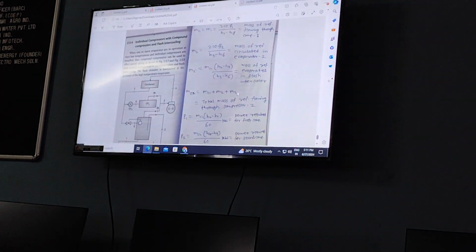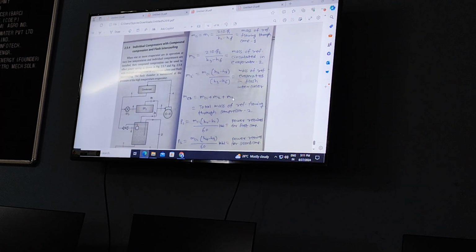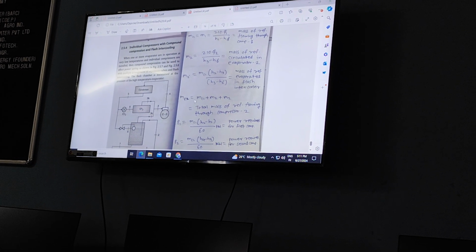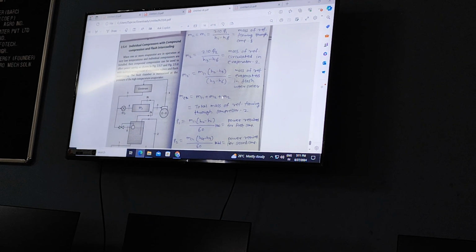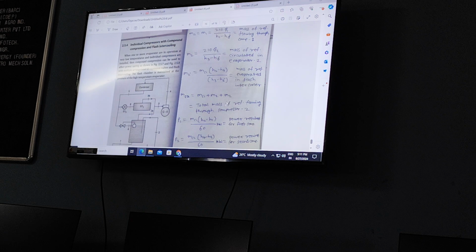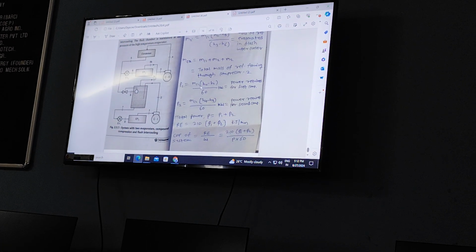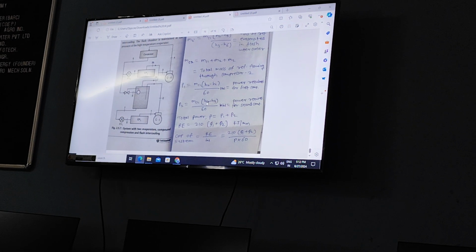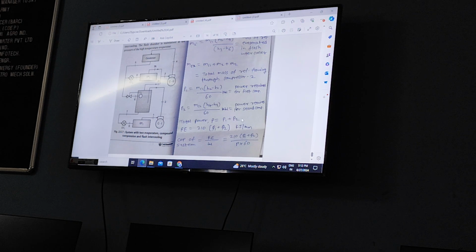That is for compressor 2: output of compressor 1, output of evaporator 2, plus mass evaporated in the flash intercooler. P1 is MC1 into H2 minus H1 divided by 60, and for P2, MC2 into H4 minus H3 divided by 60. Total power is P1 plus P2.